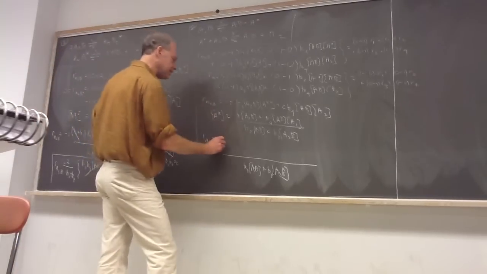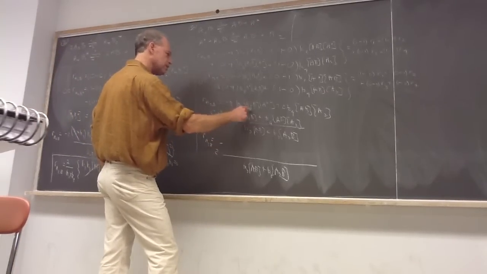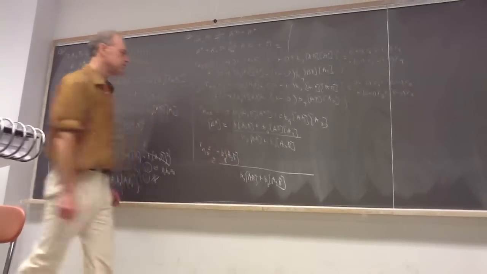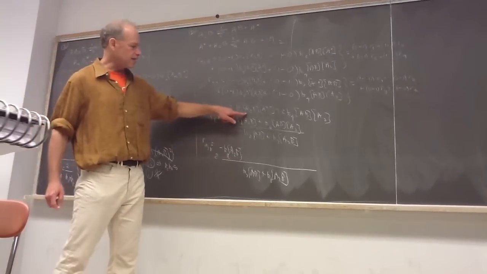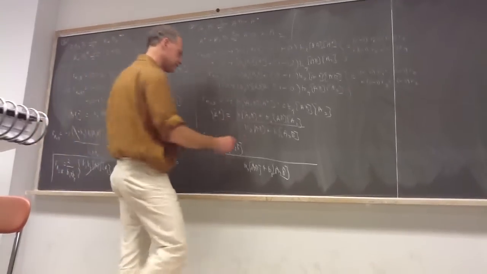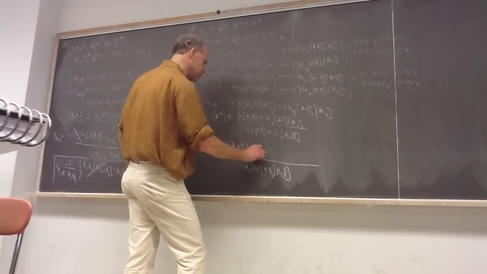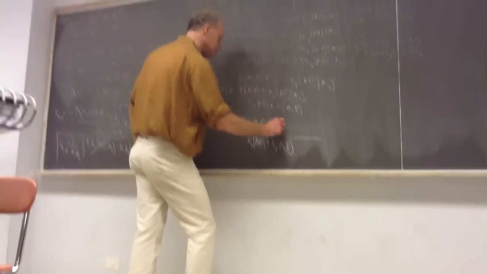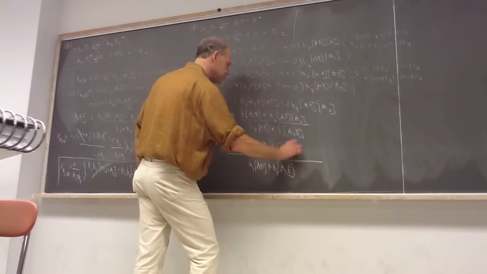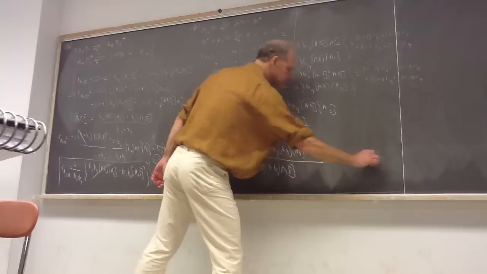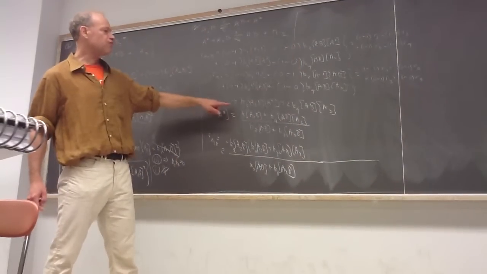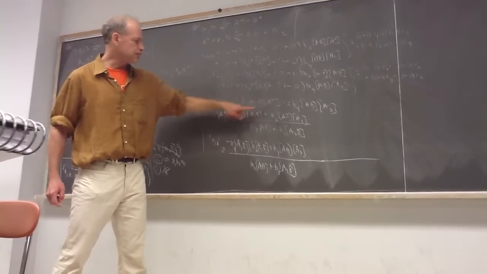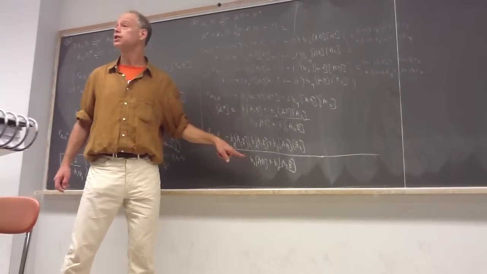And now I've got a minus K3 A2B times A star, so I have this thing: K1 A2B plus K4 AB A2. So what have I done so far? I've just written the first term, minus 2 K3 A2B times A star, which is all this.